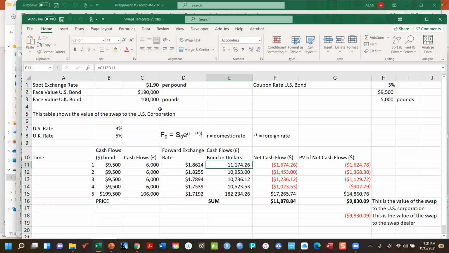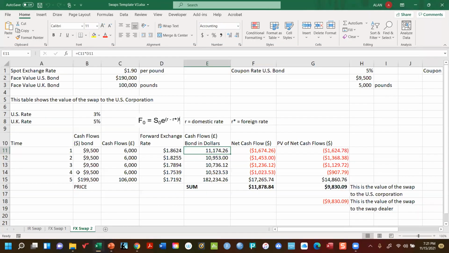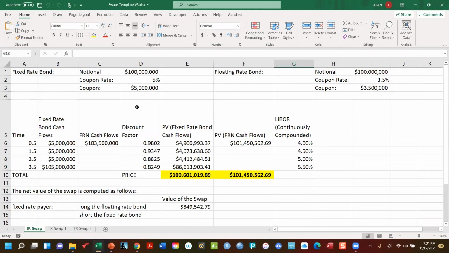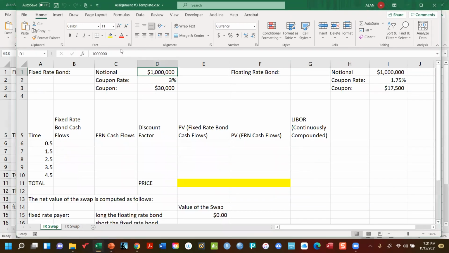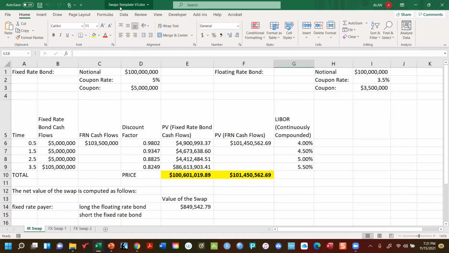I wonder if I sent you the wrong one. I think this is the one. Let me send this out to you. I think that one was meant for a different problem, the one that says assignment 3 template. This one that says swaps template V3, this is the one we really wanted.